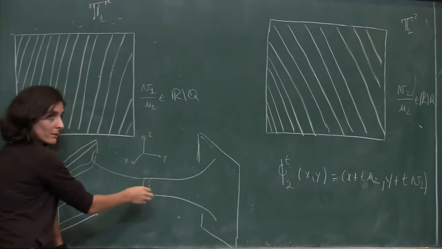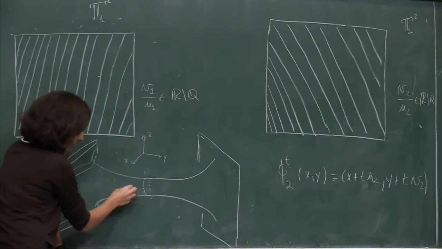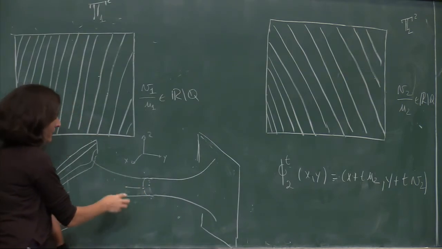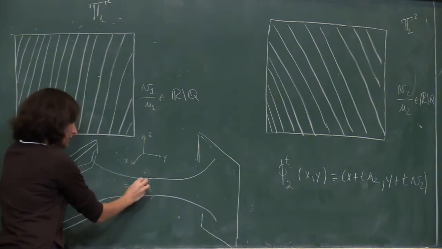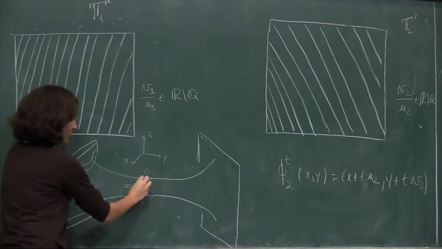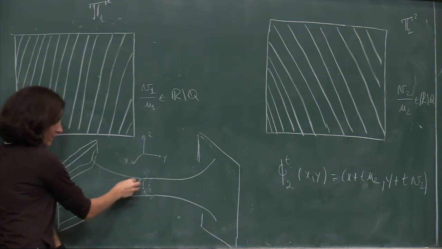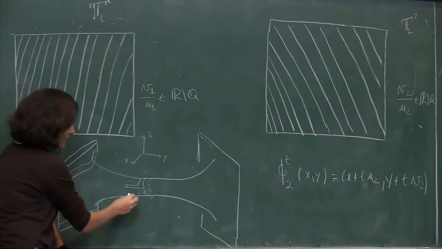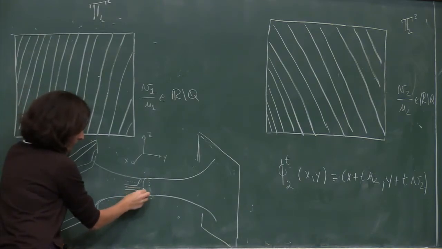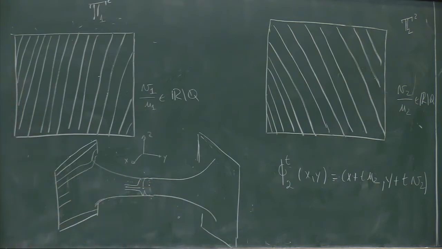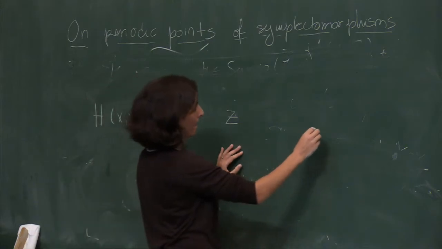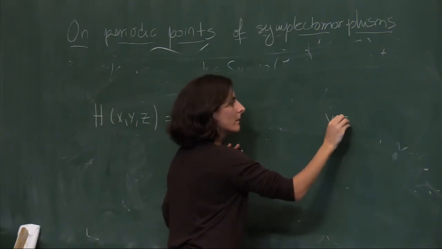And when I'm close to that circle, I'll have a flow line going towards that fixed point. And if I'm above this line, it will go up, reach the top, go on the other side, and do something like this. And the same thing here. Go below, go down, then go up on the other side, do something like this. So close to this circle in the middle, the Hamiltonian is given by y times z.